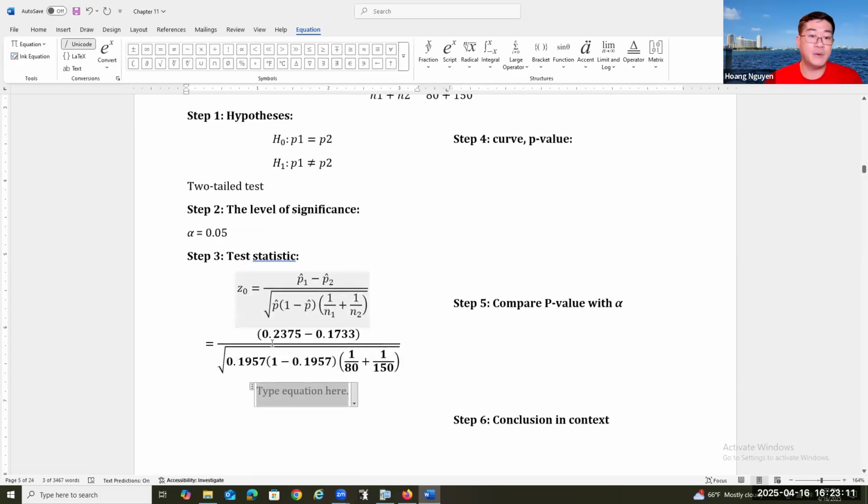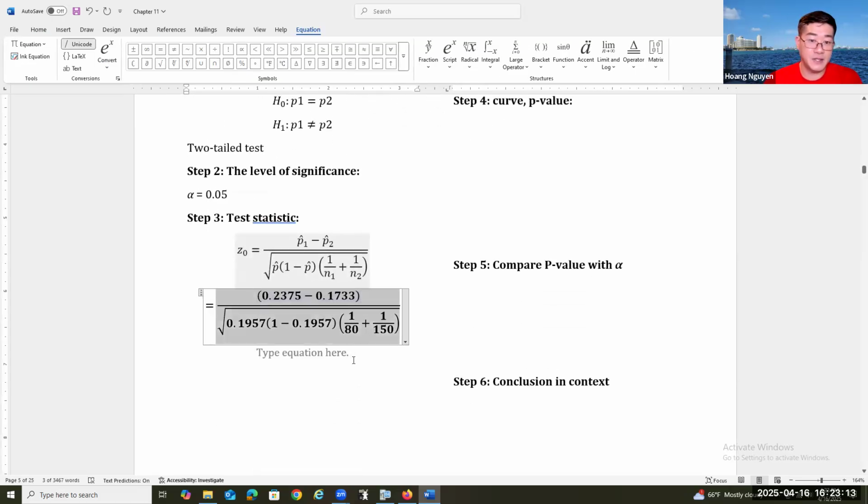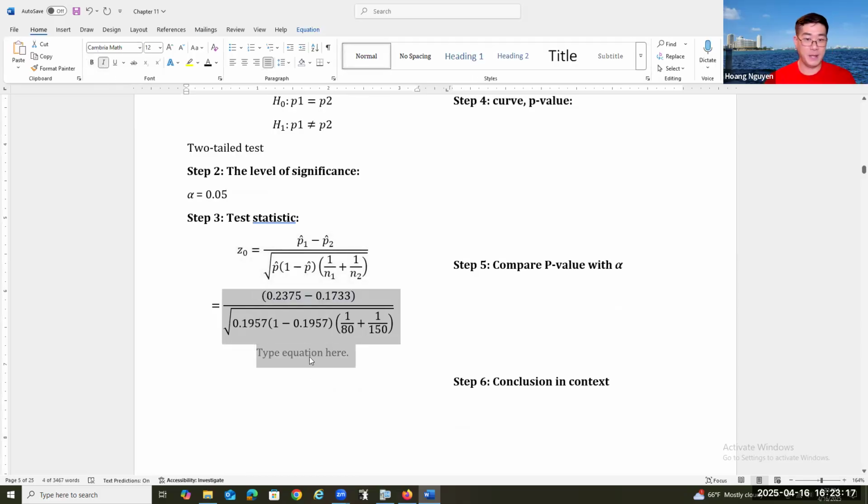So this is going to be the calculation for the test statistic by using the provided formulas, right? Okay. So now let's use the calculator to find out the answer for the test statistic.